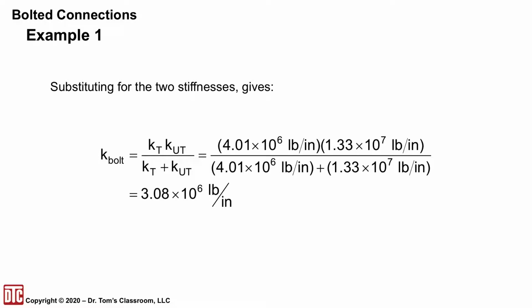The two numbers are multiplied together in the numerator, they're added together in the denominator. Basically you'll have a 10 to the 6th fall out there. So basically treat that 1.33 as 13.3, and you should get 3.08 times 10 to the 6 pounds per inch as the spring constant or stiffness of the bolt.